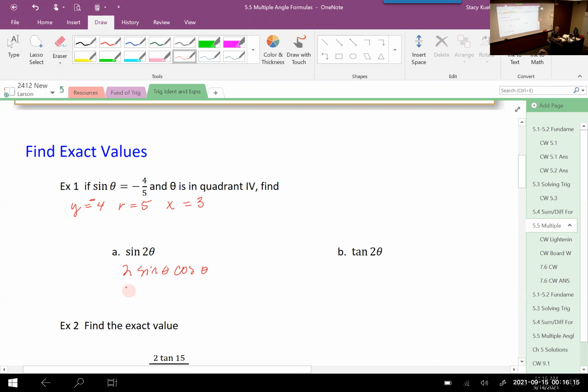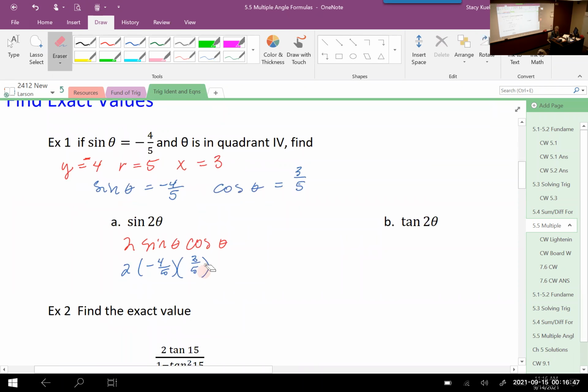We can come down here and say, okay, so 2 times the sine of theta, and let me back up as we're going along here. We know sine theta is equal to -4/5. We know cosine theta then has to be equal to +3/5 there. So when I substitute in here, I've got 2 times -4/5 times +3/5.